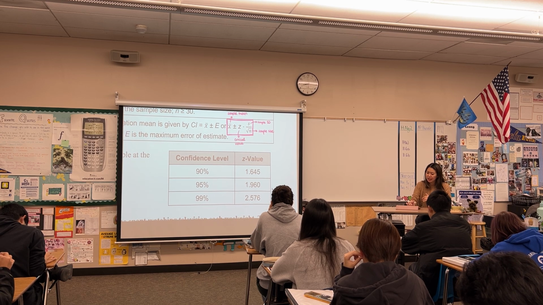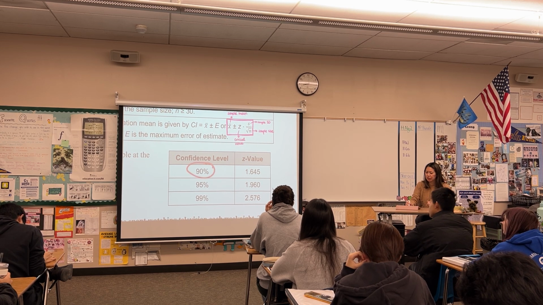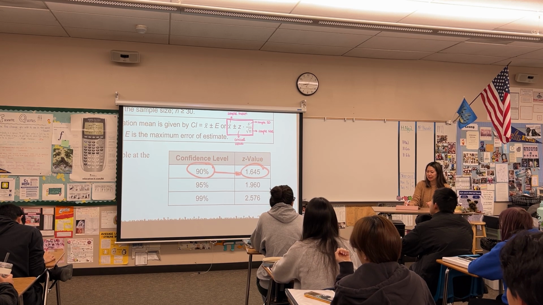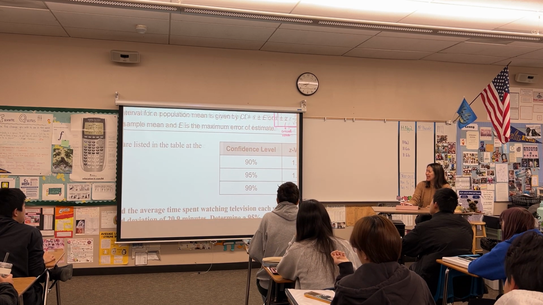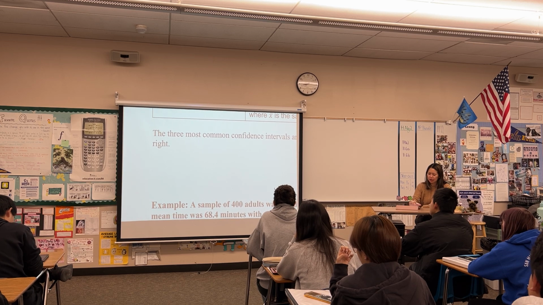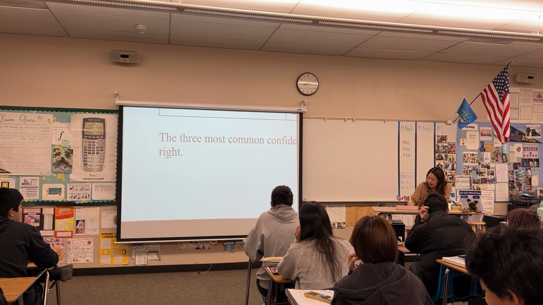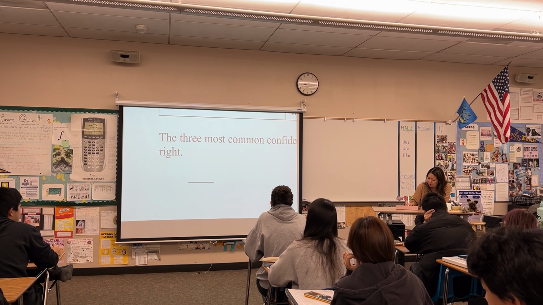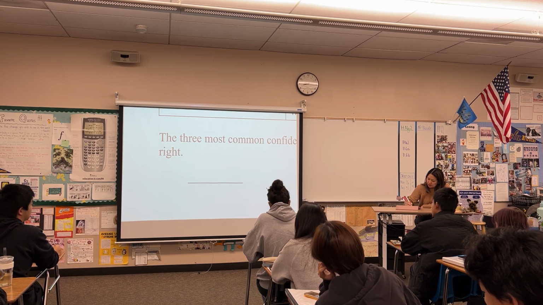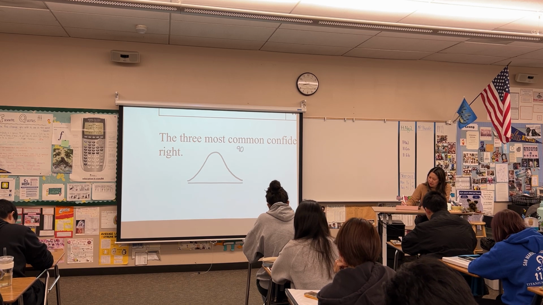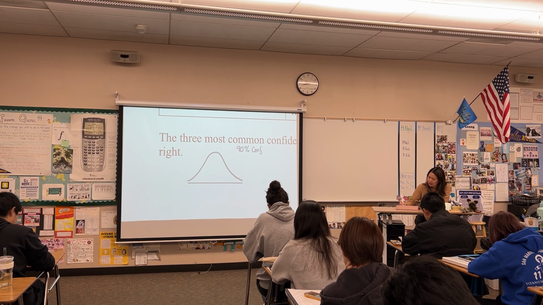So let me go ahead and show you guys how you get from here to here. How do you go from 90% to this number right here? I'm going to show you with that 90. Let's draw a little picture here. All right, so I'm going to draw myself a normal curve, and I'm trying to show 90% confidence.